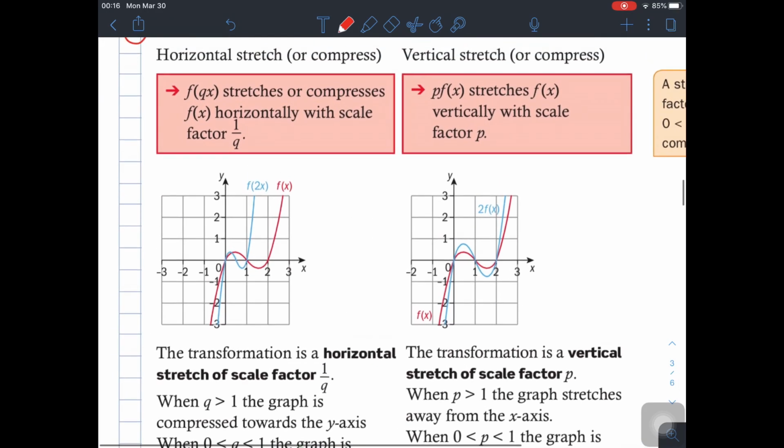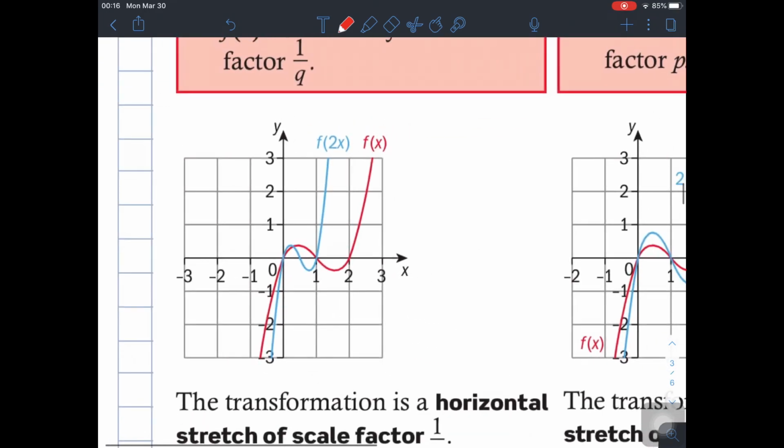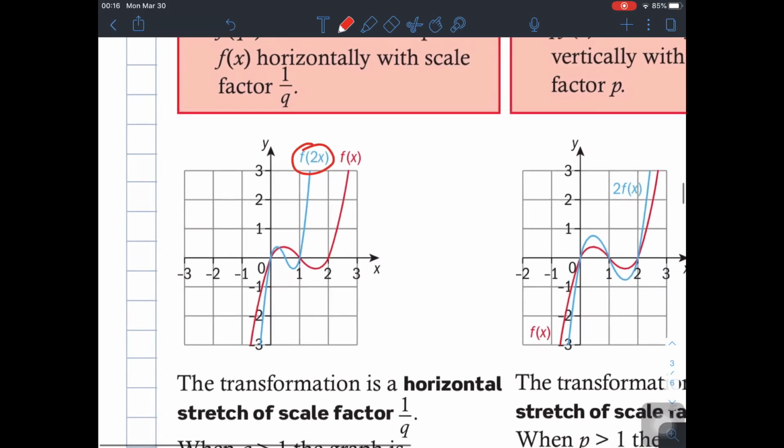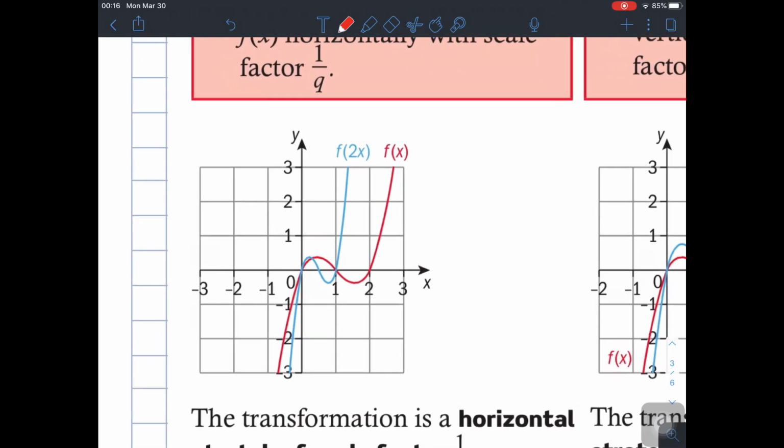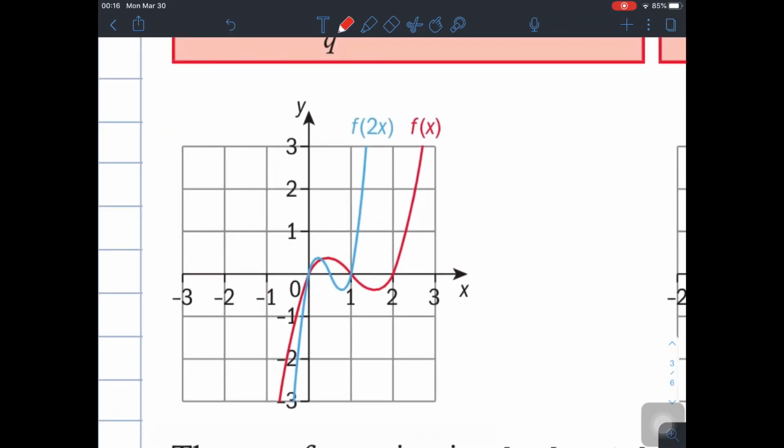Why does it say 1 over q? Pay attention to this. If we have the original function, the red one, f of x, if I apply a horizontal stretch by a scale factor of 1 over 2, right, because we have a 2 over here, that means that all of the values of x will compress to half of their value.